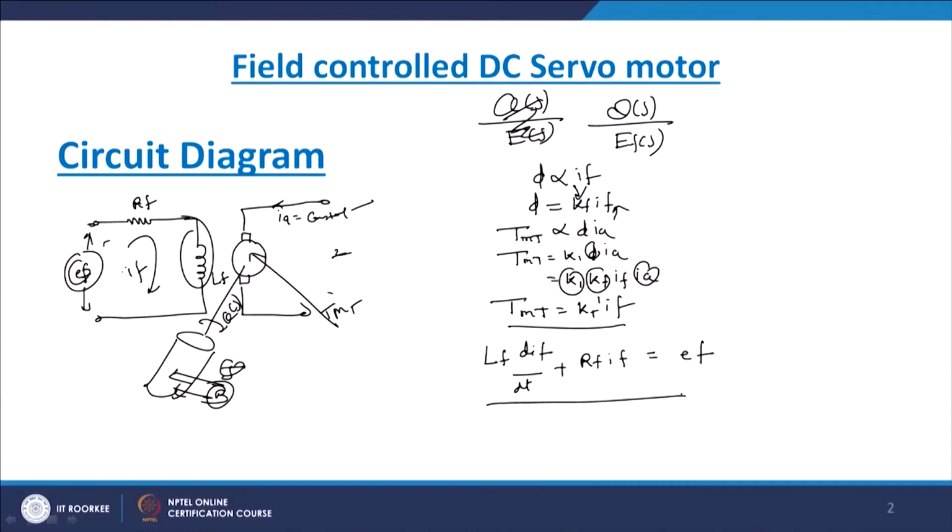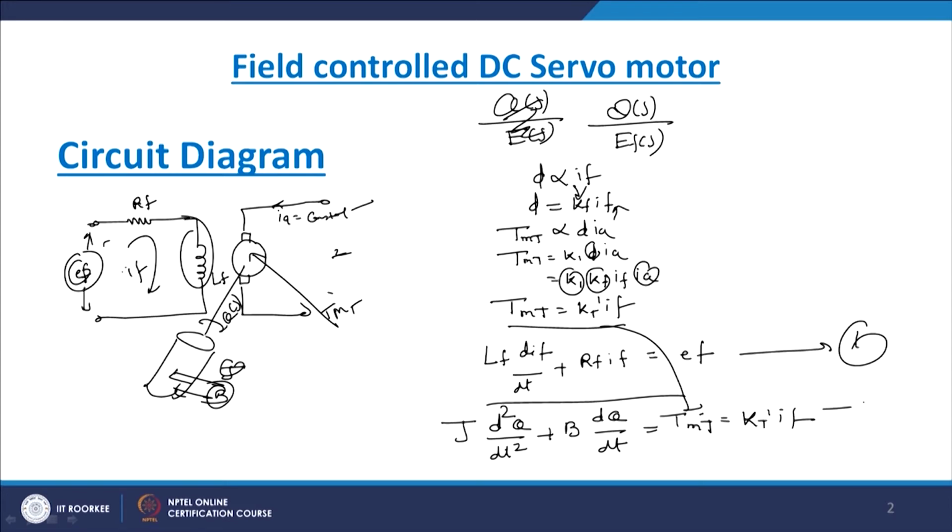So here we got the expression like this. Now we see the expression for the mechanical torque. Here we can write J d square theta by dt square plus B d theta by dt equal to the motor torque, Kt dash into I. So we have these two equations, and every part is covered.